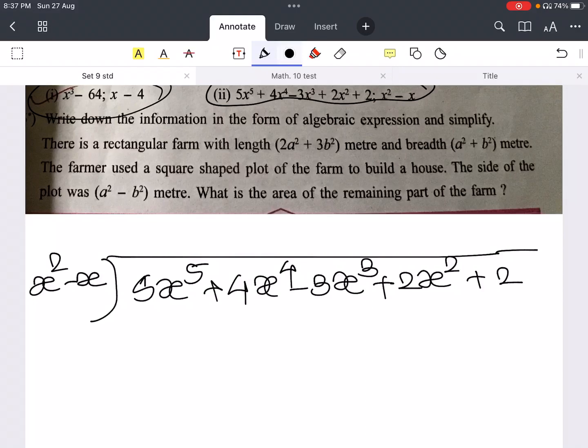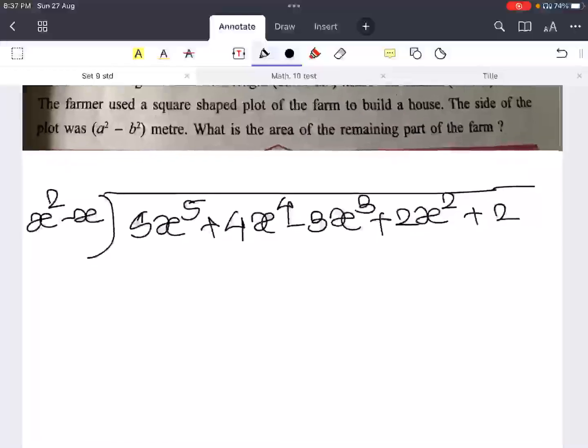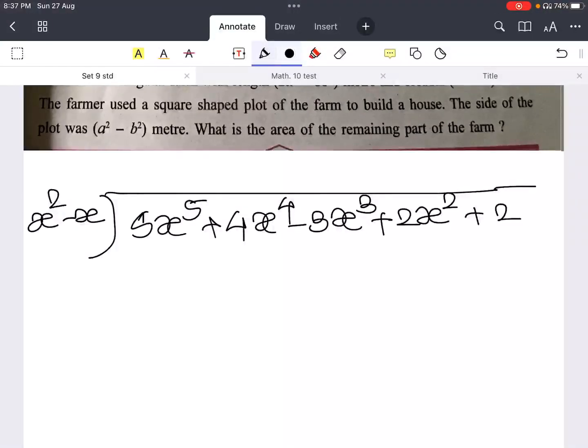Okay, so likewise we have to write it in dividend form, divisor, and we have to find the quotient.